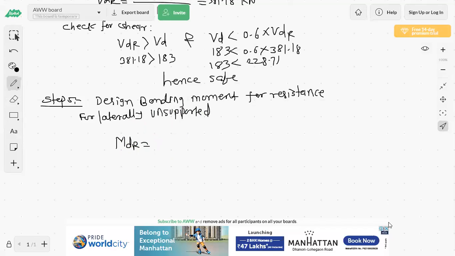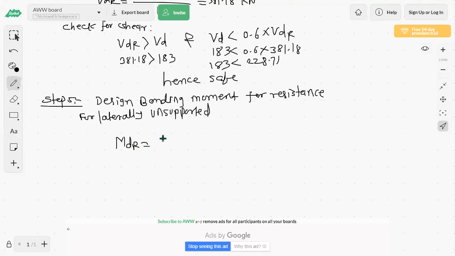Go back to where we have written the procedure. So the formula is beta B into ZP into FCD, instead of Fy here. Sorry, FBD. FBD is given, so only FBD.